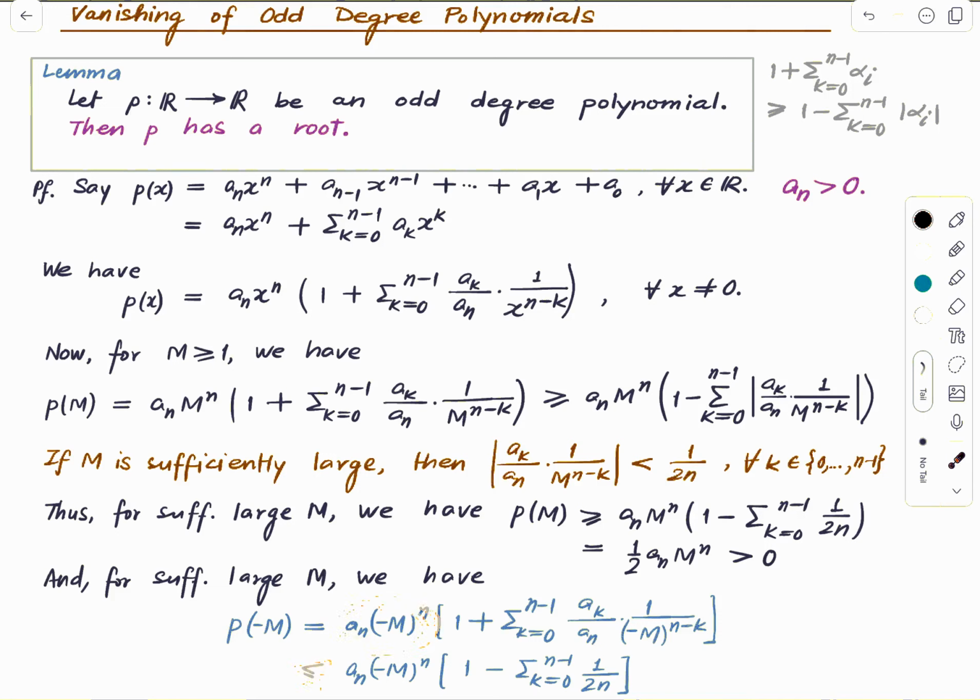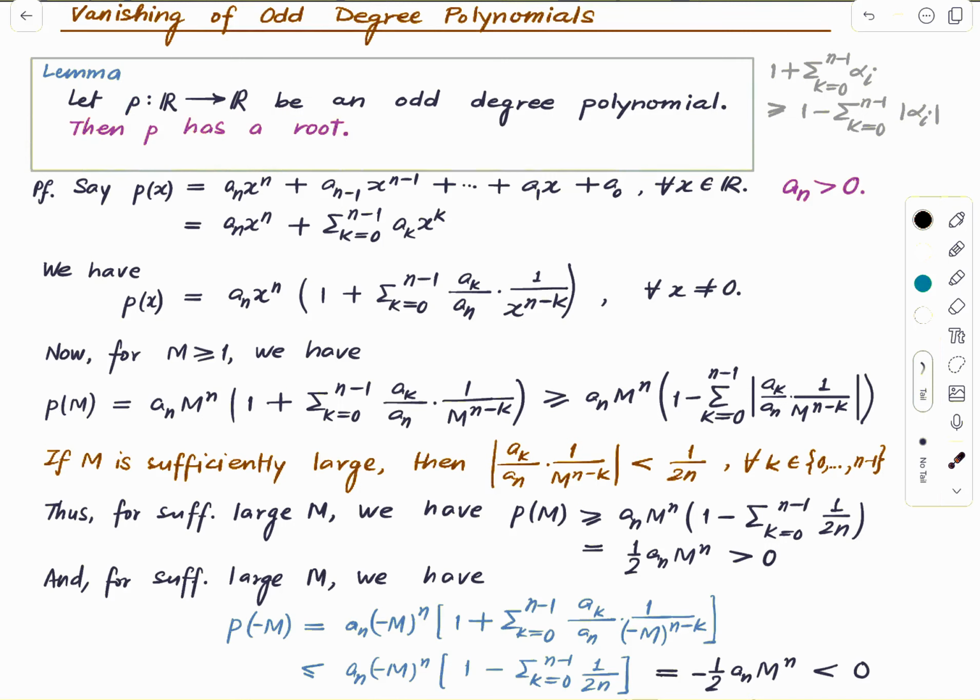And this right thing is equal to minus half of a_n m to the n, which is negative. So for sufficiently large m, p of minus m is negative. So the polynomial p takes both positive and negative values, and that finishes the proof that p has a root by using the intermediate value theorem.